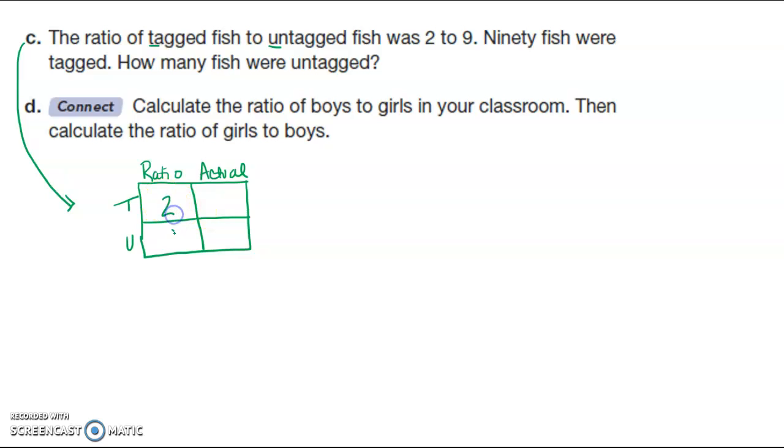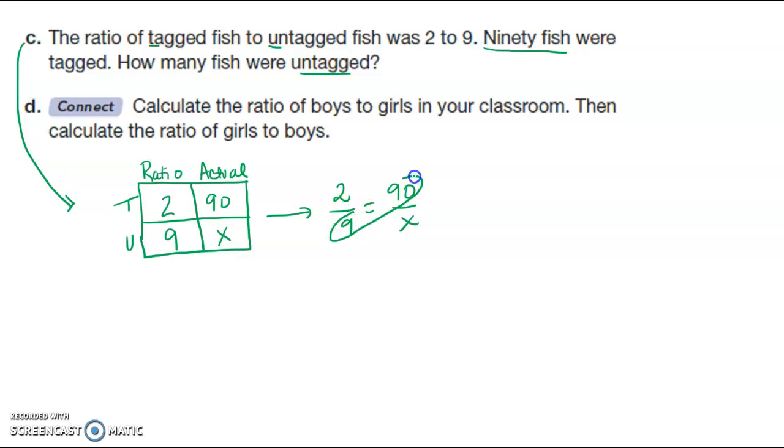It was 2 to 9. 90 fish were tagged. So in the tagged row here, I have actually 90 fish. How many were untagged? I'm going to put that there. So I have my ratio box. Let's go ahead and make that into a proportion, and then we're going to cross multiply.